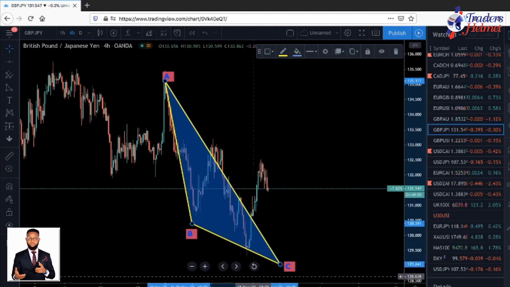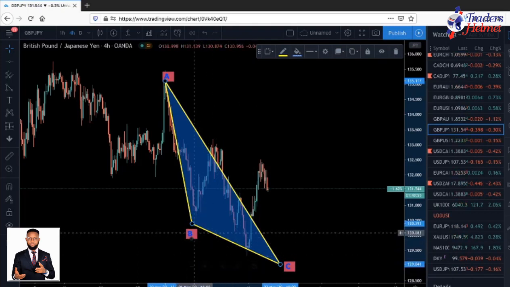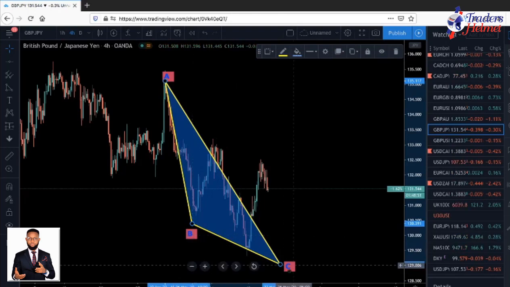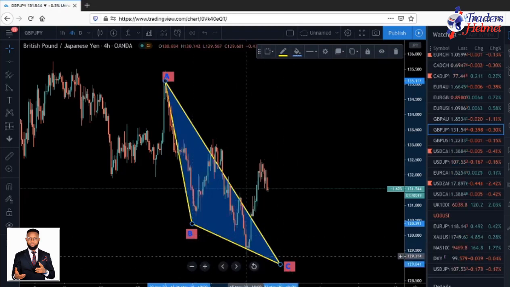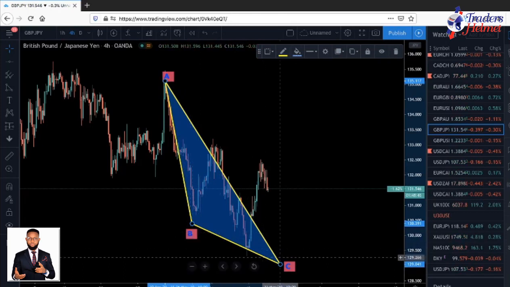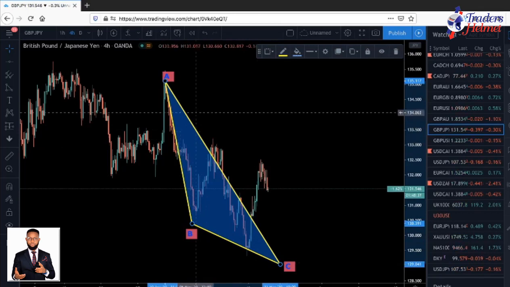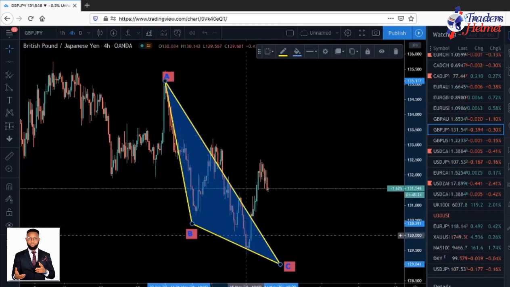So time is the distance between B to C. Make sure all the price is inside the first triangle. You can see this is inside the first triangle.